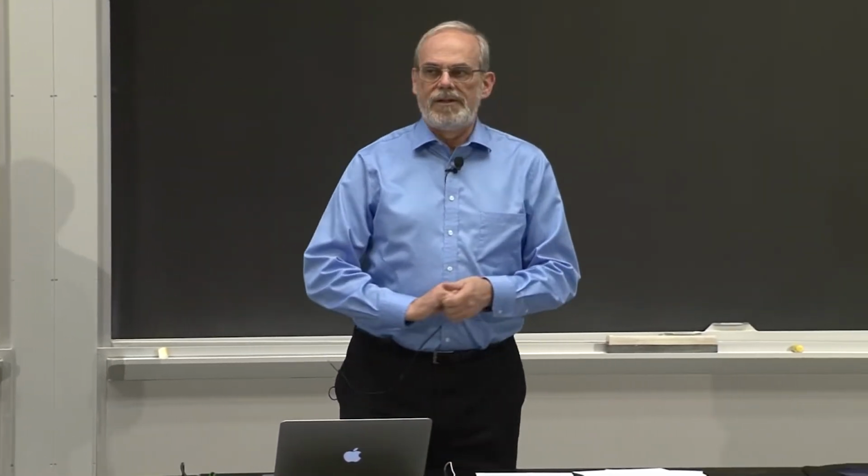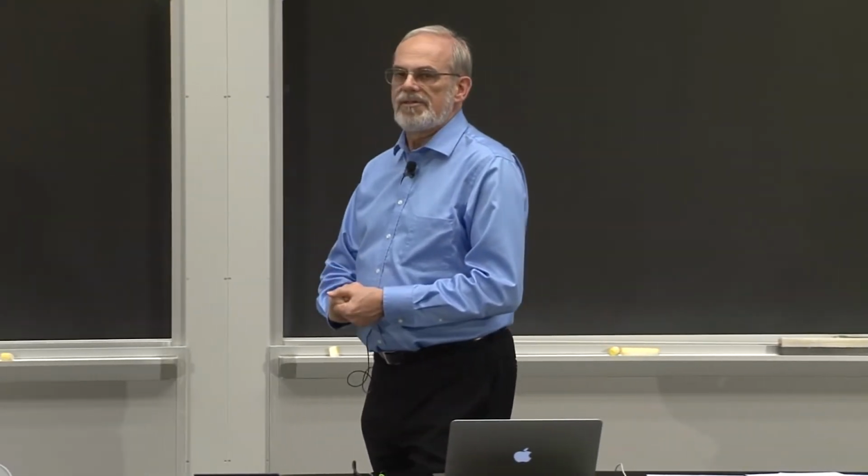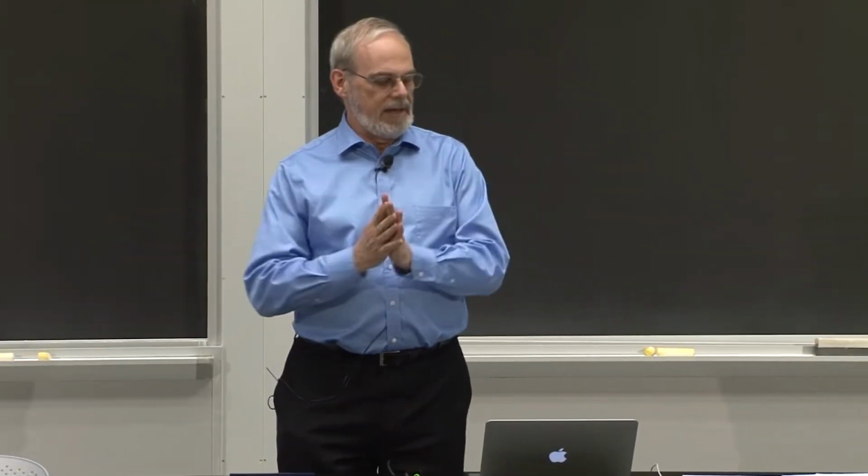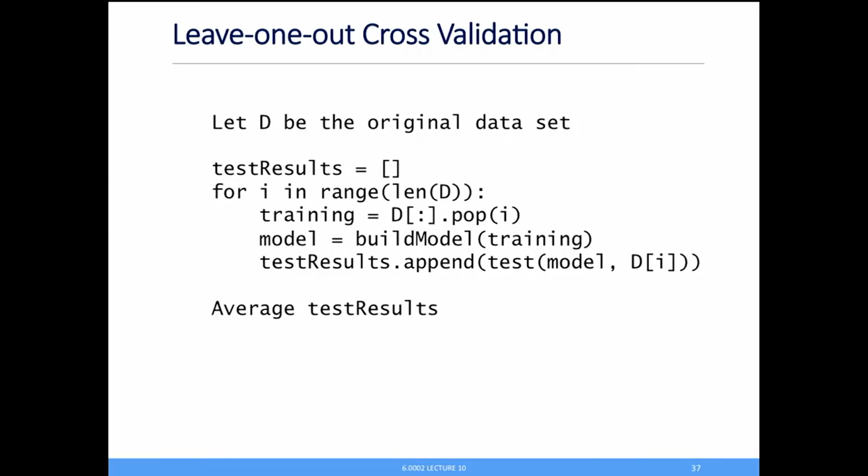Leave one out cross-validation. This is just written in pseudocode, but the idea is pretty simple. I'm given a data set. It's not too large. The idea is to walk through a number of trials equal to the size of the data set, and for each one, take the data set or a copy of it and drop out one of the samples. So leave one out. Start off by leaving out the first one, then leaving out the second one, leaving out the third one.